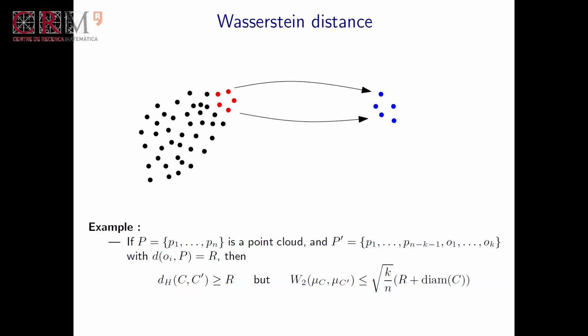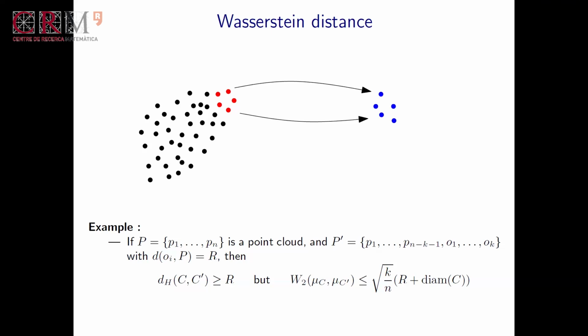And the cost of this transport plan is that for each of the blue points, if I move k blue points, they all have a mass 1 over n, if n is the total number of points. The price I have to pay to bring one blue point back to the red point is at most r plus the whole diameter of the point cloud times the mass, which is 1 over n.